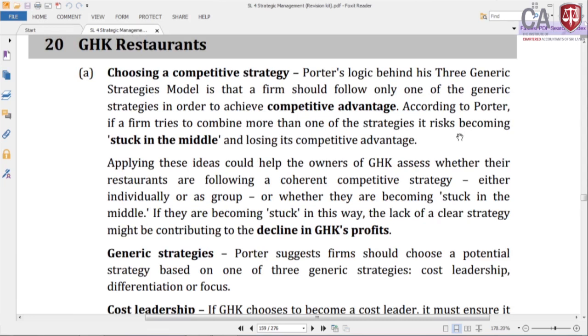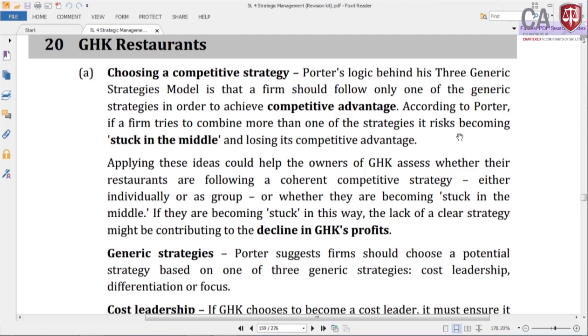First of all he explained some theory relevant to this. Porter's logic behind his 3 generic strategies model is that a firm should follow only one of the generic strategies in order to achieve competitive advantage. Yes, if you try to mix them, you will be stuck in the middle. According to Porter, if a firm tries to combine more than one of the strategies, it risks becoming stuck in the middle and losing its competitive advantage.